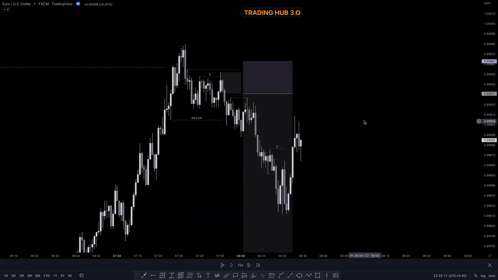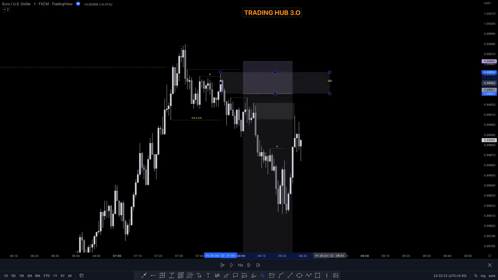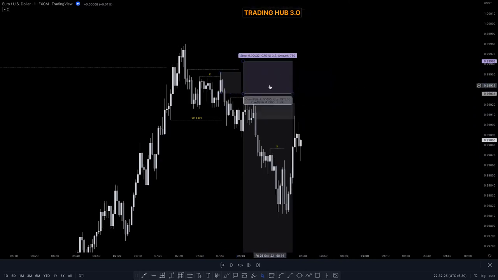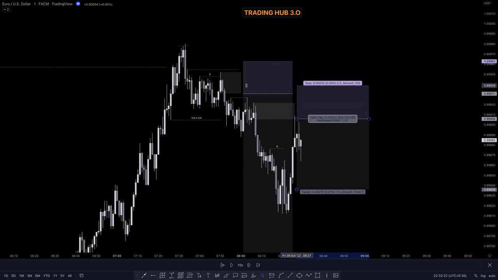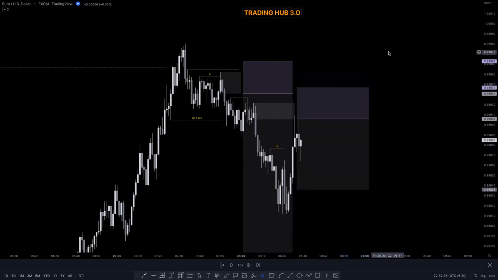So this is an inducement, correct? And this is the first area for the sell, because after this inducement we can take entry here for the sell, and the next one is here, correct? So we can take another possible entry here, but put the stop loss just above it for the safer side.